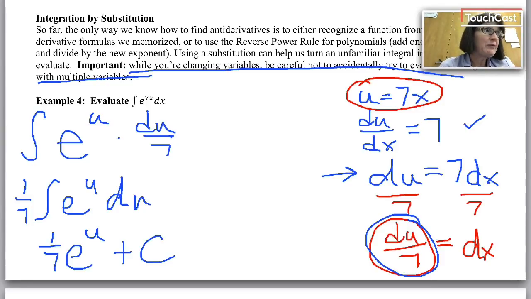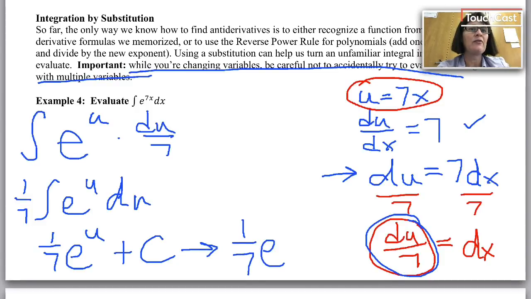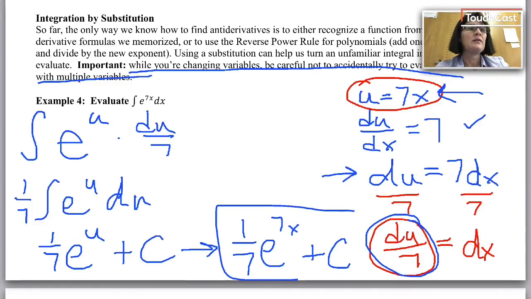But my original problem had x's in it, so I don't want to leave a u in an x problem, and I just translate my problem back into an x problem. 1/7 e to the, everywhere I see u, I'm going to replace it back with 7x, plus a constant. And you could double check. If I took the derivative of 1/7 e to the 7x plus a constant, I would get e to the 7x. Final answer.